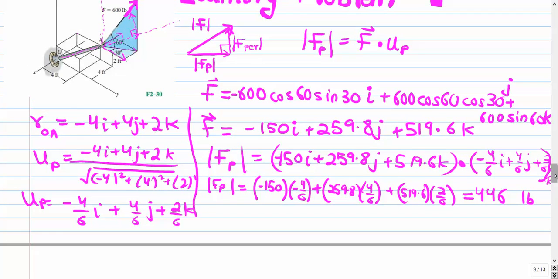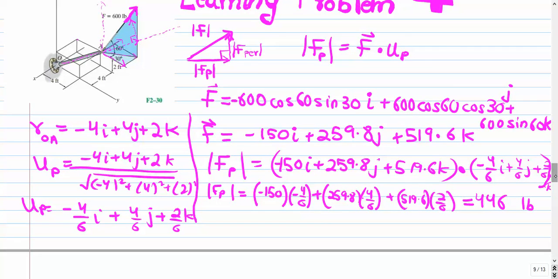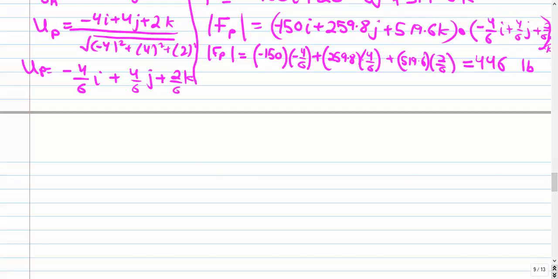Now that we have our first component, we can move on to find the perpendicular component. So we can find the perpendicular component by just using the Pythagoras theorem. I'm not sure if we spell Pythagoras like this, but anyway.